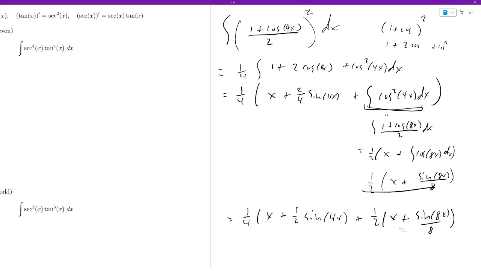Need 2 parentheses at the end there. Okay, before plugging all this back into our big integral at the top, let's go ahead and simplify as much as we can. Notice this part is going to be 1/2. Like if I distribute this 1/2 through, I can have a 1/2 x here plus a 16th sine. And then we still have this other stuff.